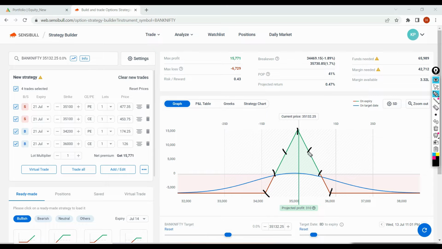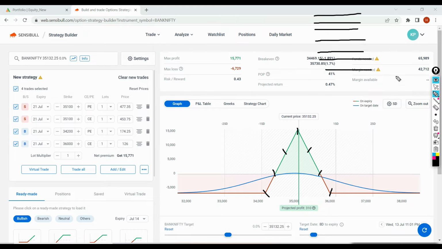Whenever you deploy the trade, I'll give you one example. Let's say your market stands here. You have to identify resistance 1, resistance 2, resistance 3, and support 1, support 2, support 3. Simple, friends.